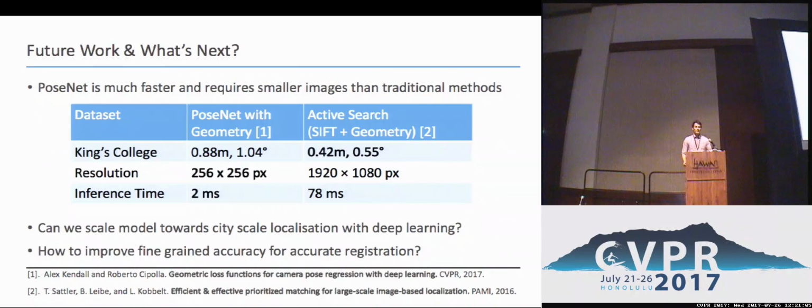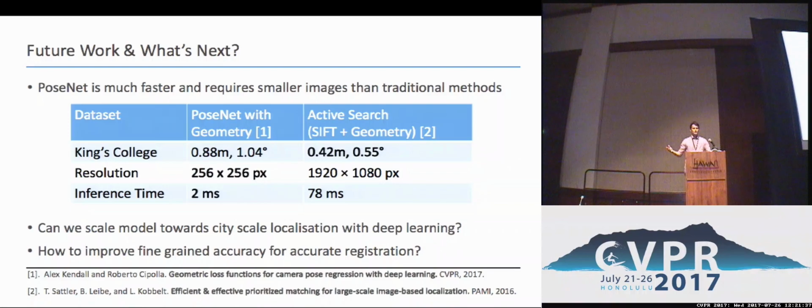But you can start to look at other aspects of the network. Like I've tried to show some evidence for, it's perhaps more robust, and that initial question that I posed to you of what is the best map representation? Should it be Euclidean? Well, by learning a feature representation and learning this map space, we can show that it's also more efficient. When you compare the methods, PoseNet only requires a very small resolution image of 256 by 256 pixels, and 2 milliseconds is a single forward pass through a neural network to localize.